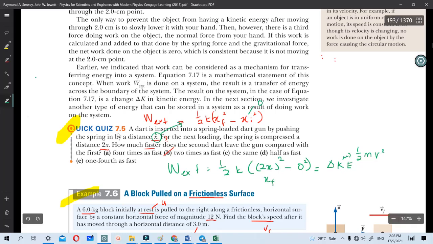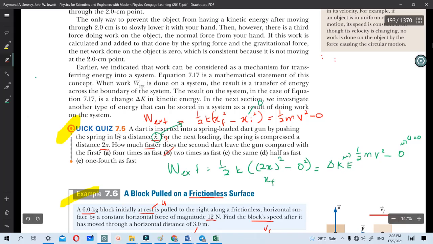So v squared minus u squared, where u is 0, because the kinetic energy is 0. It goes the same for this one, half m v squared, minus 0 as well. So this is the situation when the displacement is x alone. This is the situation when displacement is 2x.